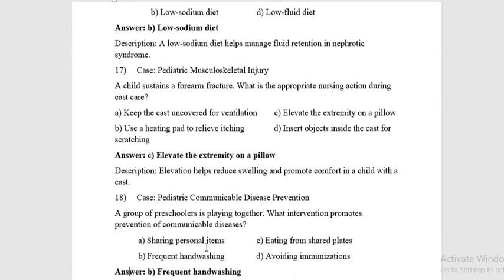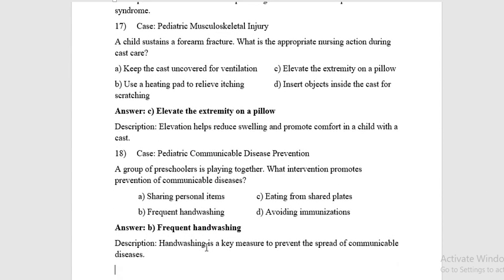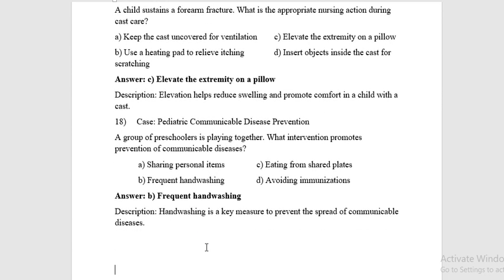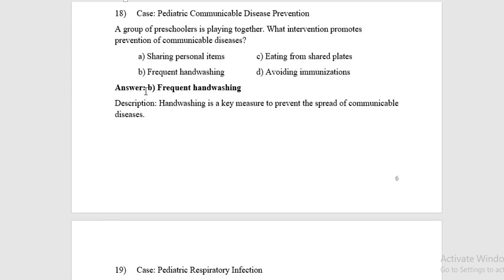Question 18. Pediatric communicable disease prevention. A group of preschoolers is playing together. What intervention promotes prevention of communicable disease? A, sharing personal items. B, frequent hand washing.